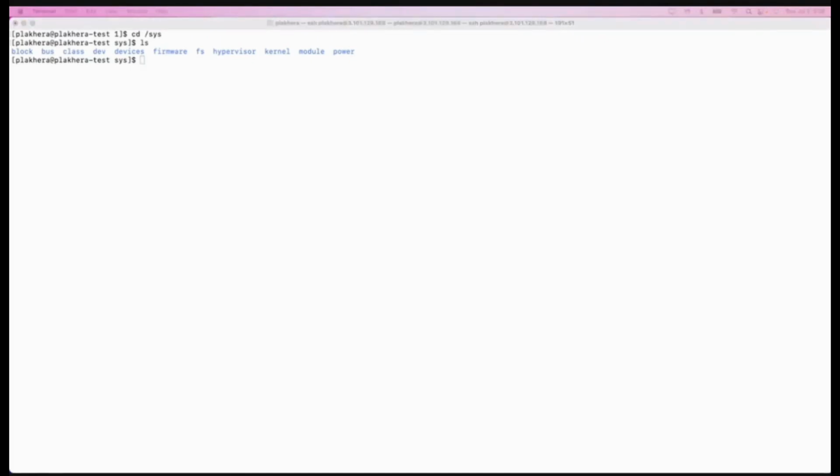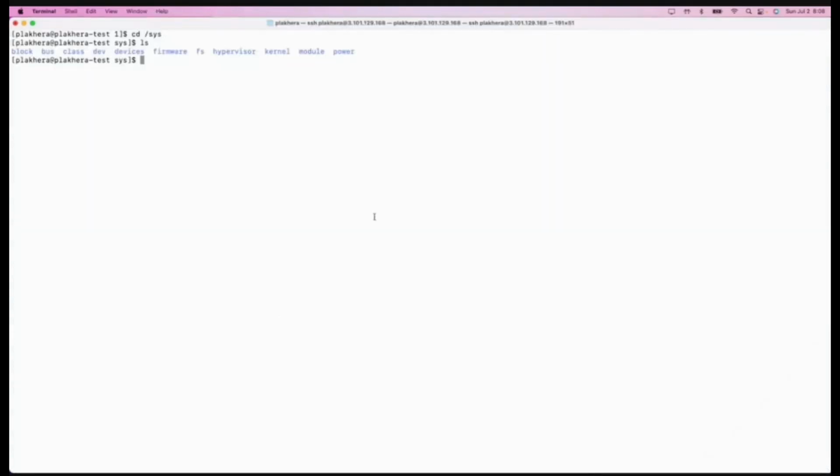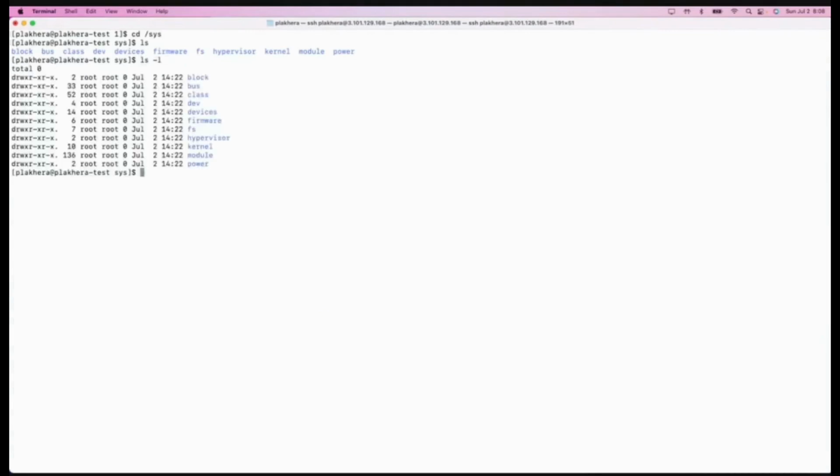Okay. Now this is one really popular question which is asked during interviews. So let me put two questions for you guys. The first question is, this proc and this sys file system are called virtual file systems. And the second question is, if you look at any of the files, for example, let me look at the files inside the sys directory, you see they are all 0 bytes, right?